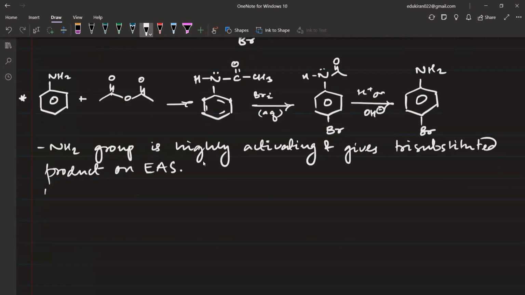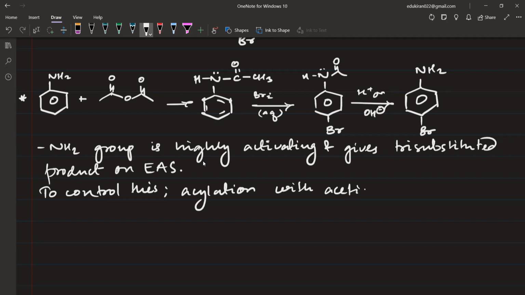To control this, acylation with acetic anhydride is done.